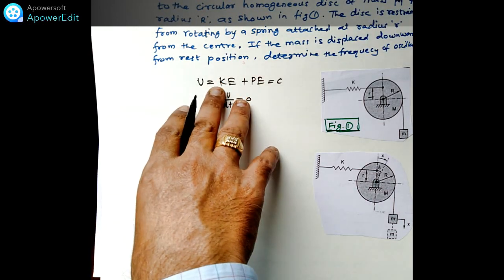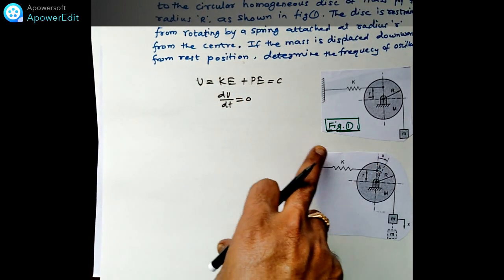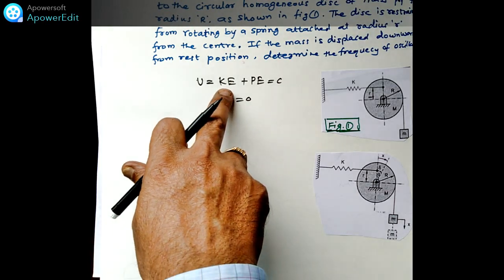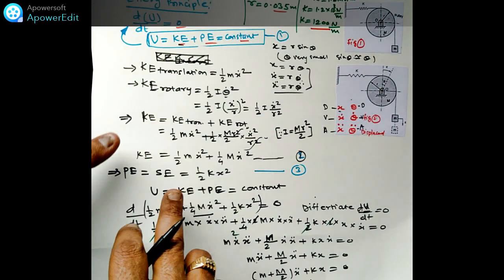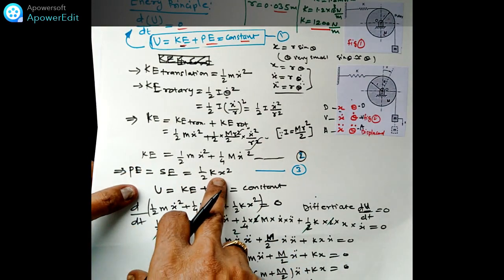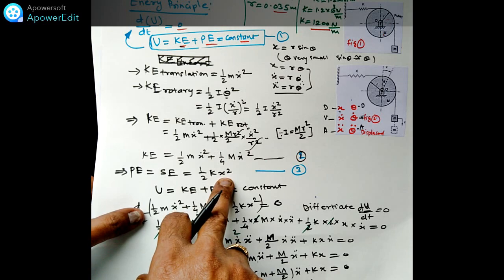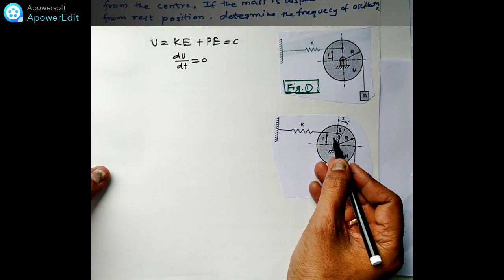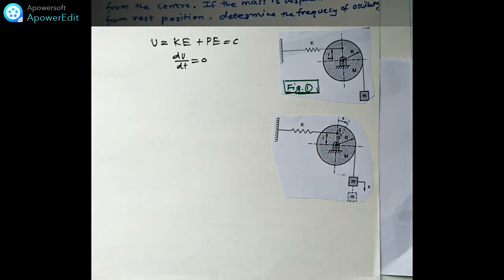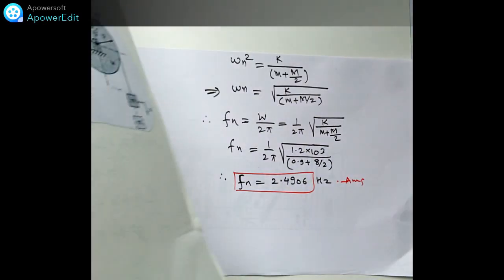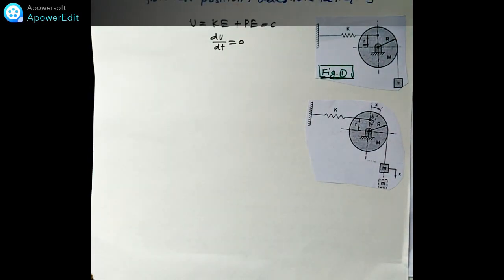We can determine the equation of motion by using this, but in this case the k is same. Whatever numerical we saw last, the value of k is same here. The k remains same, only P is going to change. How? The x distance is nothing but small r into theta. So that small r theta we have to consider in this equation, and by considering this, the final equation we obtain is the natural frequency, okay.